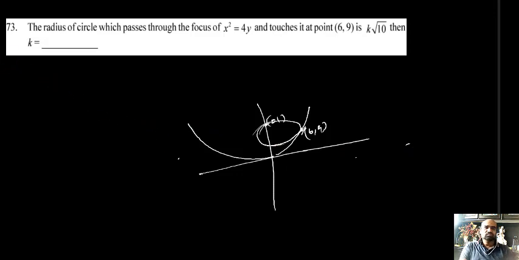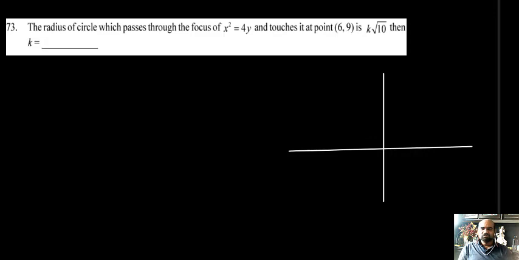Okay. So I will draw a neat diagram for this. This is the parabola opening upwards because x square equal to 4y. So this is the focus (0, 1) because here a equal to 1.